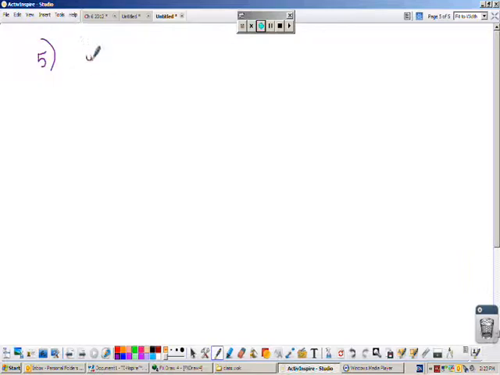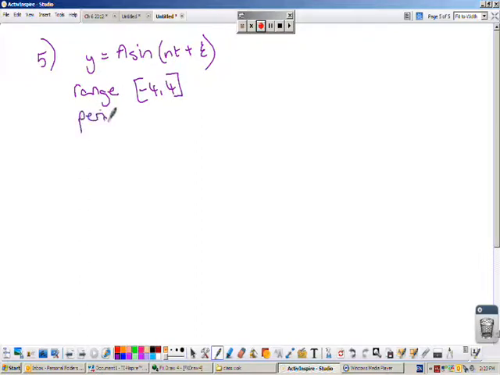Question 5, we have a sine graph. And we know some things about it. We know the range is from -4 to 4. The period is 8. And we know that when t equals 2, y equals 0. So we have a point.